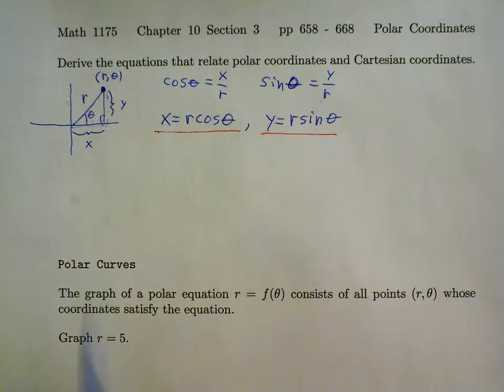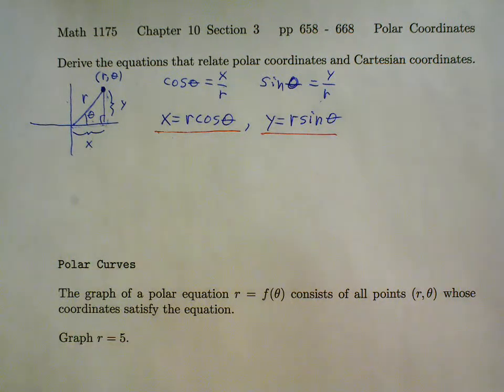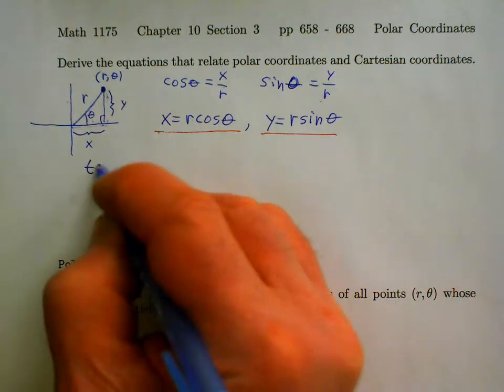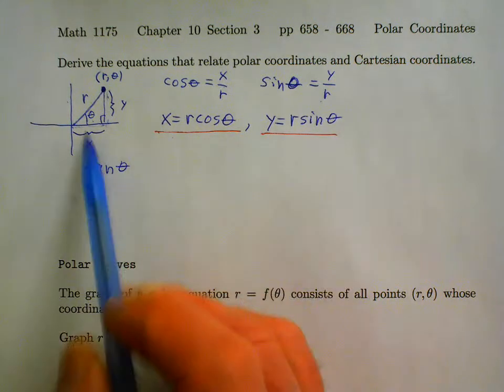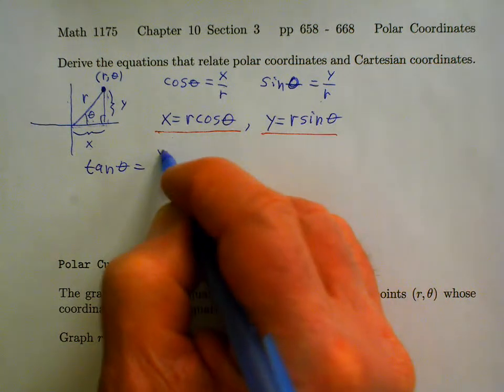Is there another trigonometric function that we can apply to this right triangle? Well, there's four other ones. Which one of those four do you think is the most important? So tangent of theta is opposite over adjacent. So tangent of theta is y over x.